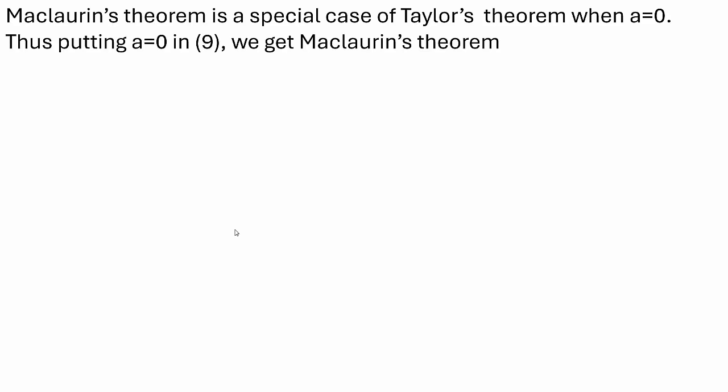Maclaurin's theorem is nothing but a special case of Taylor's theorem where a equal to 0. Thus, if we substitute a equal to 0 in the above equation, that is in equation 9, we get Maclaurin's theorem.